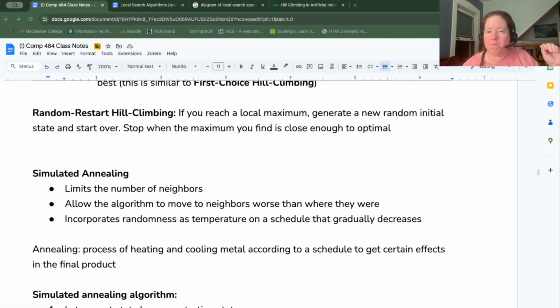You basically generate a random state, you set that to be your current state, and you continue running. This seems like a very hacky approach to me, but it is actually a commonly used approach. So if at first you don't succeed, start from somewhere else and see if you can succeed better. That's basically the idea of random restart hill climbing.